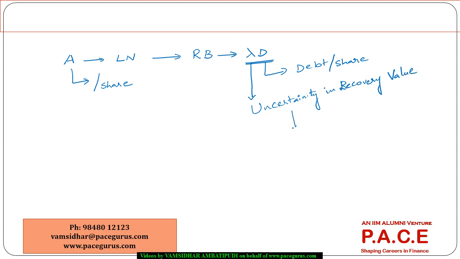What is being assumed is that even this lambda will follow a lognormal distribution with a mean of lambda bar and a standard deviation of some sigma.